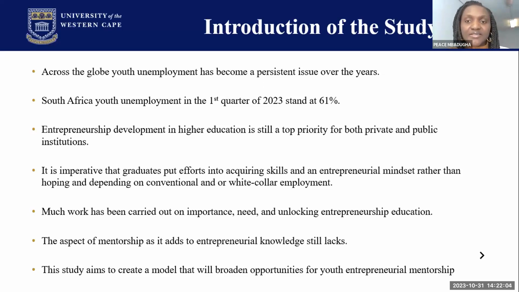So it is a very serious issue to look at. Entrepreneurship development in higher education is still a top priority, both in private and public institutes. Therefore, it is imperative that graduates put effort into acquiring skills and an entrepreneurial mindset rather than hoping and depending on a conventional white-collar job.